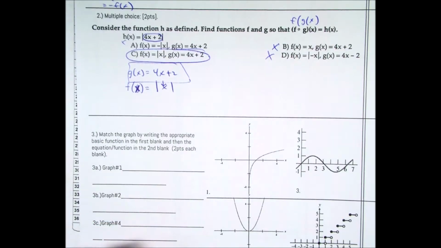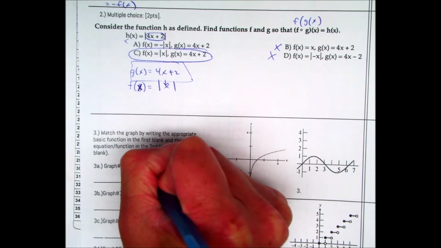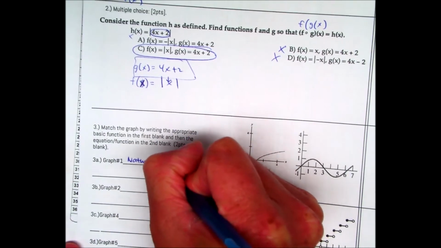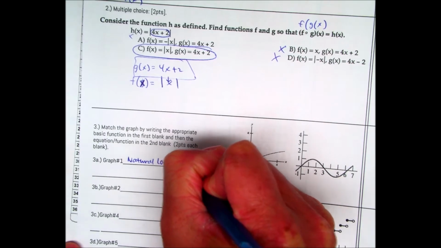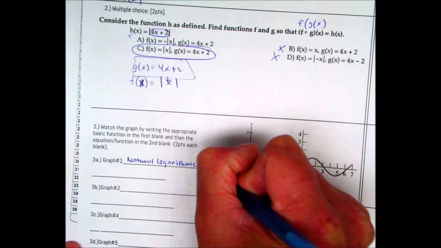Match the graph by writing the appropriate basic function in the first blank, and then the equation and function in the second one. So the first one here, they call this a natural log, or you can also call this a natural logarithmic function.